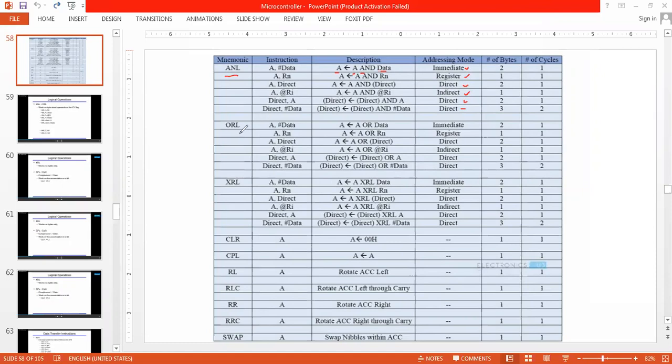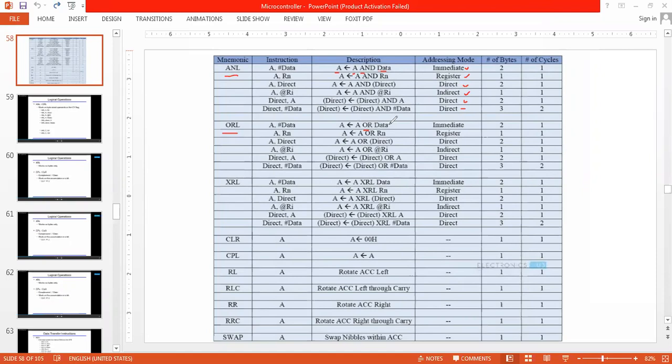Then ORL. ORL is similar to AND logic. What can happen here? Instead of AND logic, the OR logic is going to be performed between the A value and operand 2.